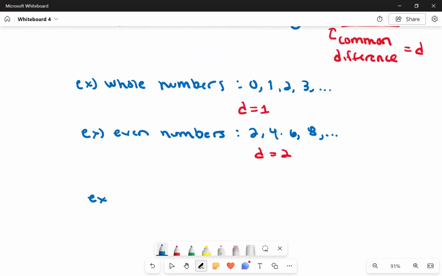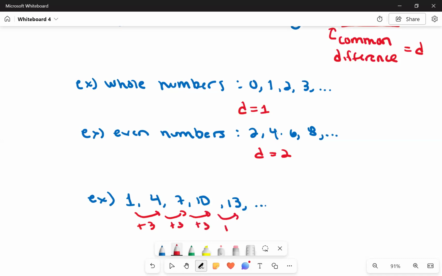Let's look at 1, 4, 7, 10, 13, dot, dot, dot. So this is an arithmetic sequence because the difference between each number is 3. It's adding 3 every single time. So I know the difference is 3.